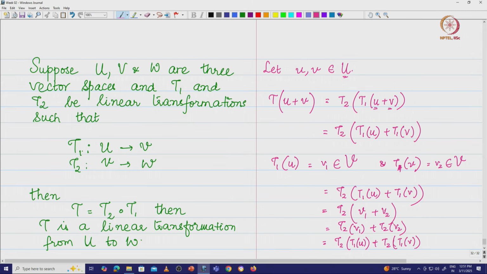So, what we have is T of u plus v is equal to T2 of T1 of u plus v, which is equal to T2 T1 of u plus T2 T1 of v. That means you get the linearity property satisfied here.